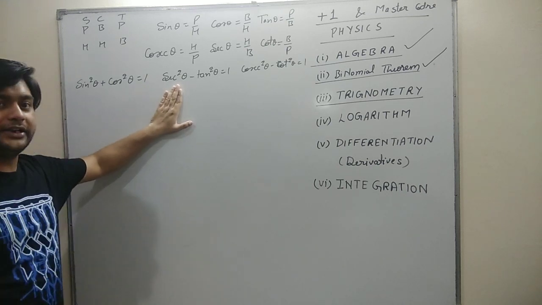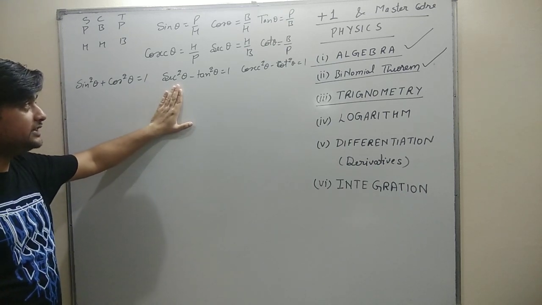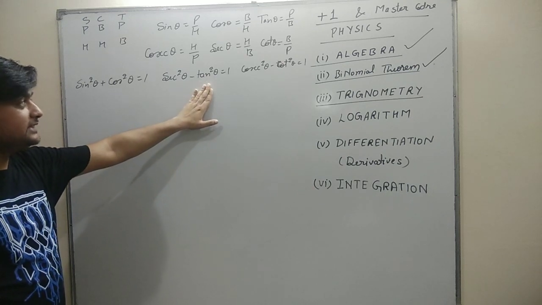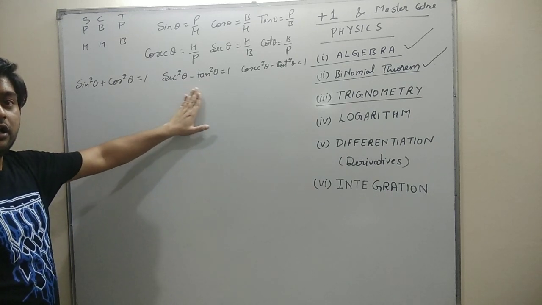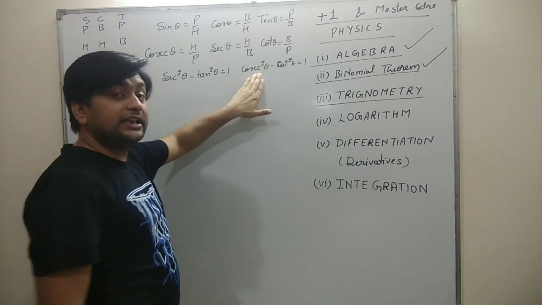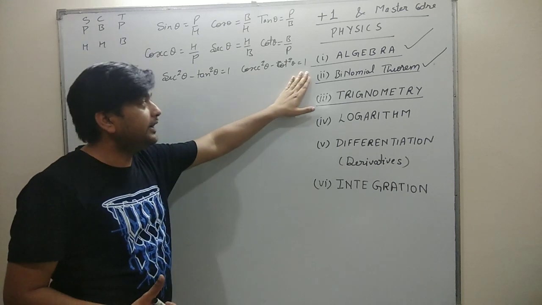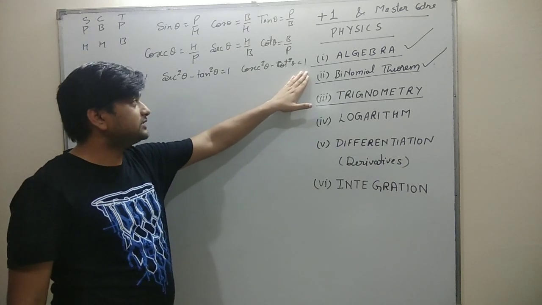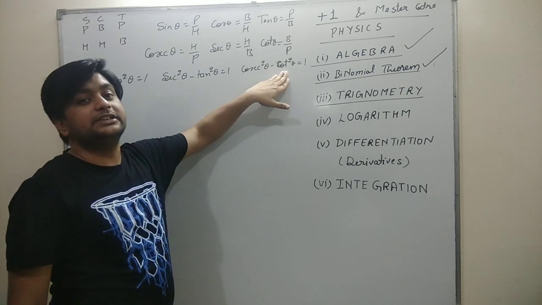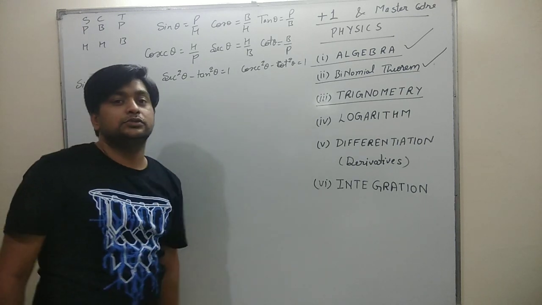From this, secant square theta is equal to 1 plus tan square theta, and tan square theta is equal to secant square theta minus 1. So cosecant square theta is 1 plus cot square theta, and cot square theta is cosecant square theta minus 1.